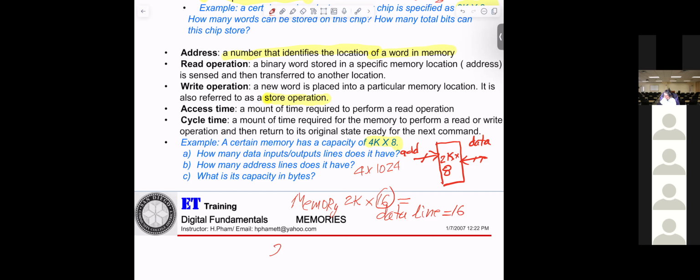Try to say 2 to the power of 10 equals what? Two times two times two times two, right? Yep. 1024.